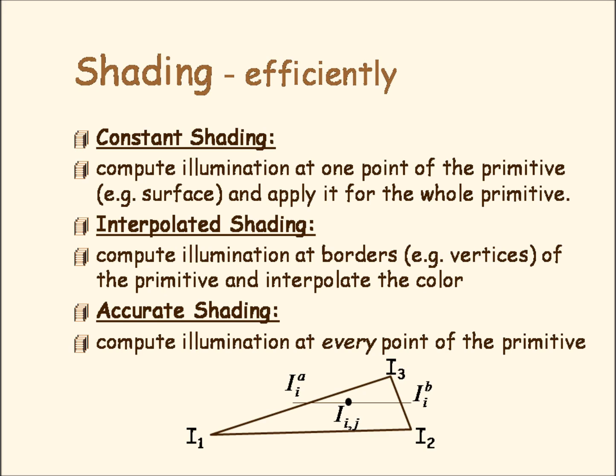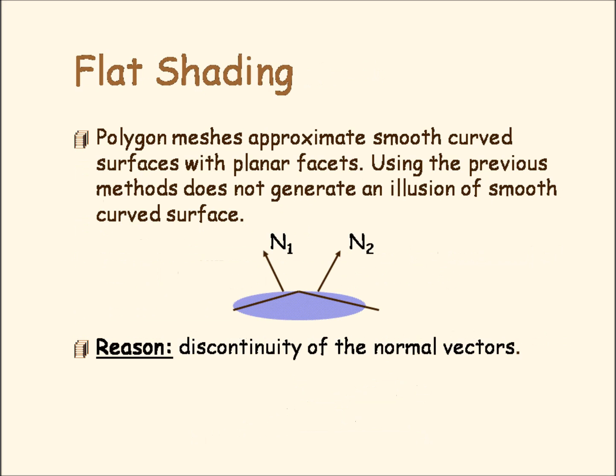However, this type of shading puts a pleasant effect on the image. Here in this slide, a problem related to flat shading or constant shading is discussed. The problem arises because of discontinuity of the normal vectors during the flat shading process.